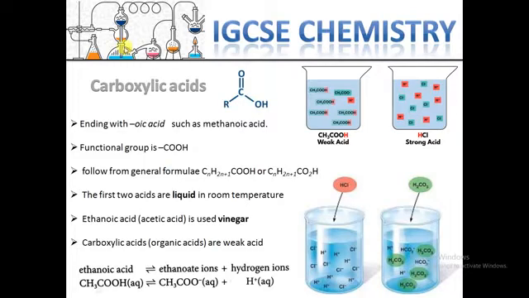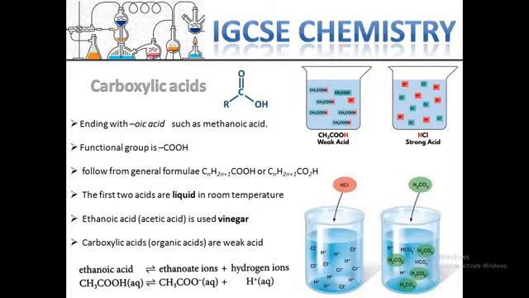These compounds end with -oic acid, such as methanoic acid. This can be used for naming carboxylic acids.